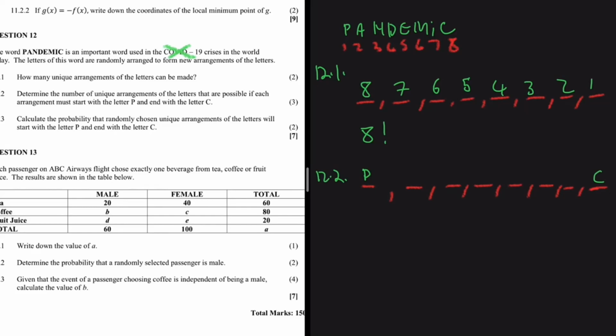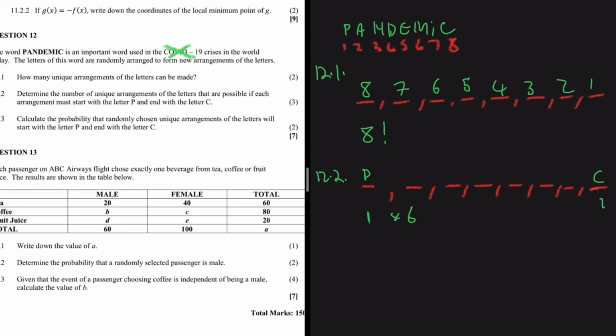So here on the first position, we only have one possible letter, which is P, right? So we have 1. And then on the second position, there are 6 possible letters because of the 8, one letter is in position 1 and then one letter is in the last position. So on this second position, we have 6 possible letters that we can place there.